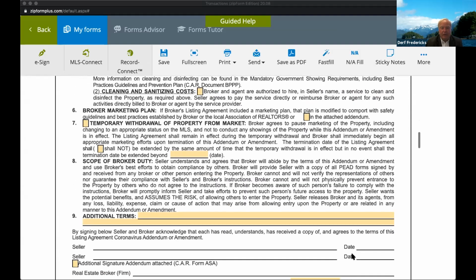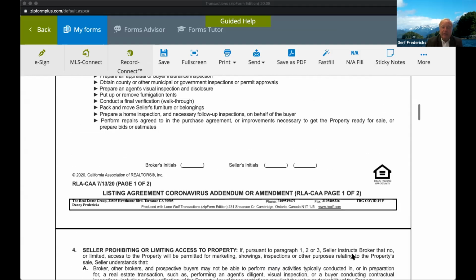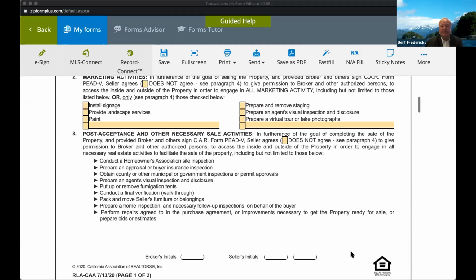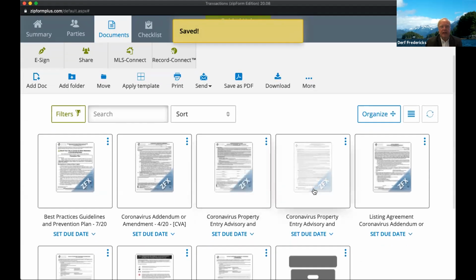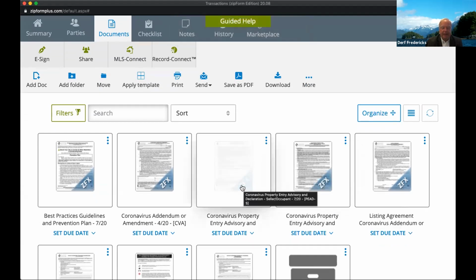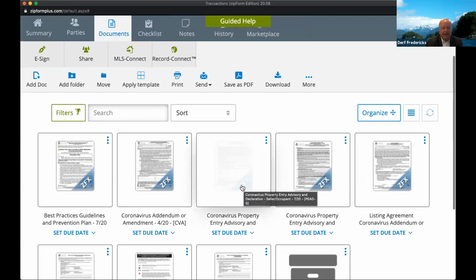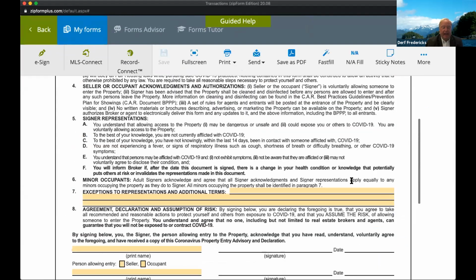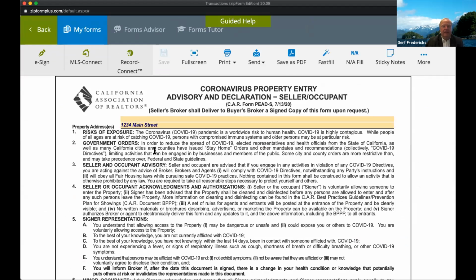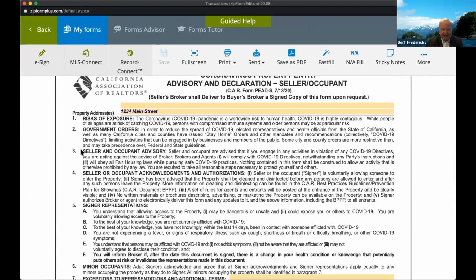So it's a separate form, and it's different from the PEAD-V. It's a different form, Danny. It's a 1-page form, and it basically states that the seller is not sick and that they will inform the agent if they do get sick.